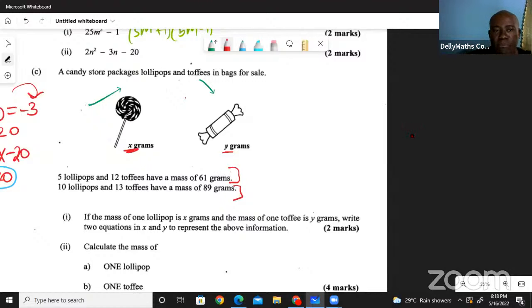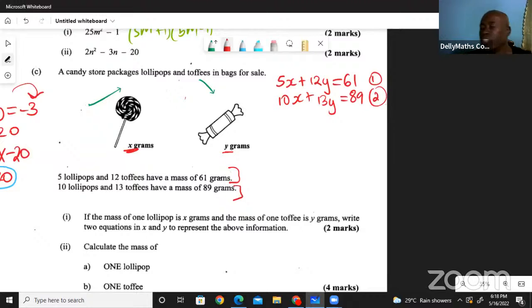So in other words then, lollipop is X. So we're talking 5X plus 12Y, and that gave us 61 grams. So this is our first equation there. Second equation, we were told 10X, because it's 10 lollipops plus 13Y for the toffees, and we got 89 grams.